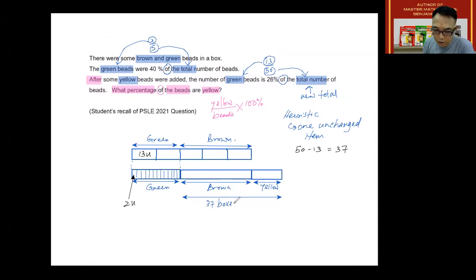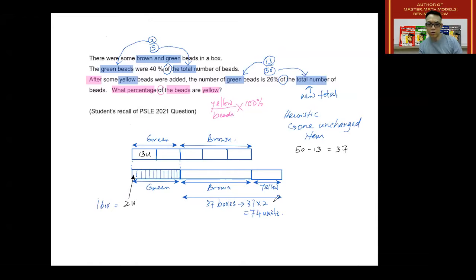Okay, we don't actually draw 37. We know that it's still 37 boxes. And since each box has a value of 2 units, then 37 boxes would be 37 times 2, giving you 74 units.